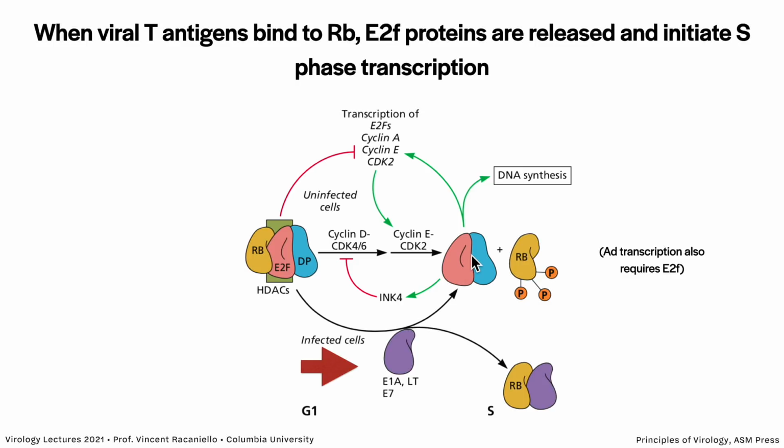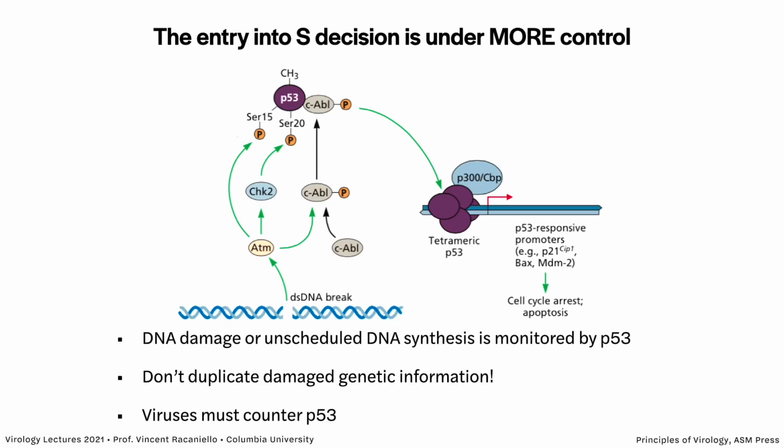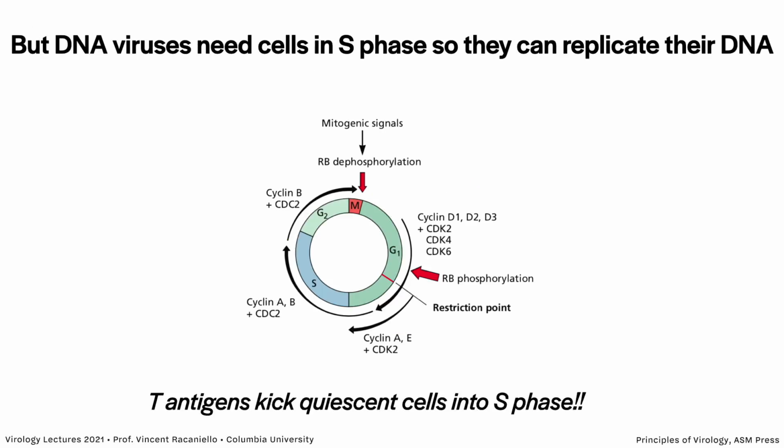So this was originally needed by these viruses, or still is, to get cells to divide. It's T antigen removing that second checkpoint down there at the bottom. But there's the entry into S, the DNA synthesis phase, and let me go back and show you that on the cell cycle. So here's S. Entry into S is controlled by RB, either by phosphorylation or by being bound to T antigens.